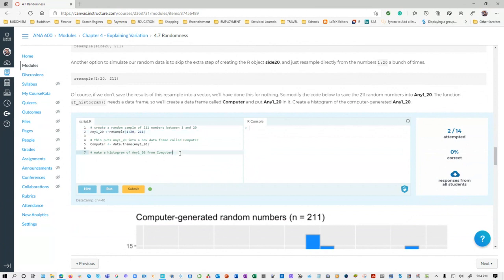Now make a histogram. Now you have a name of the data set, so you go gf_histogram, and the name of the variable is any 1 to 20, data equals computer.